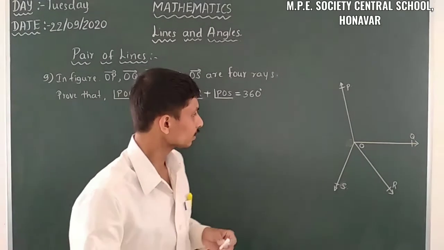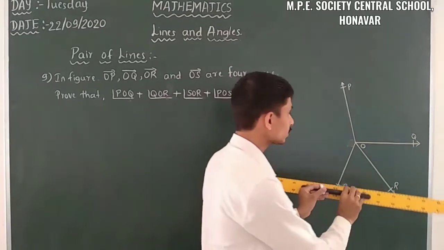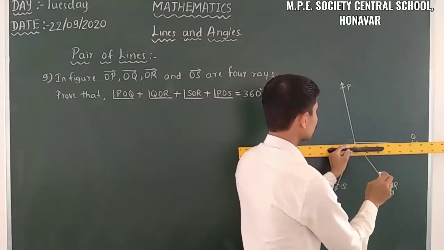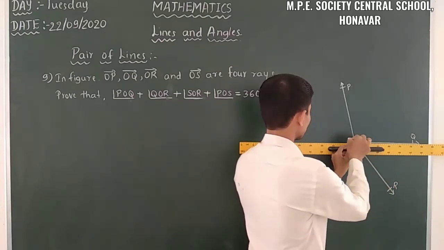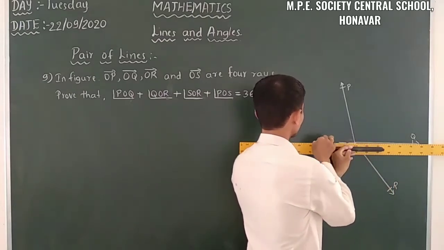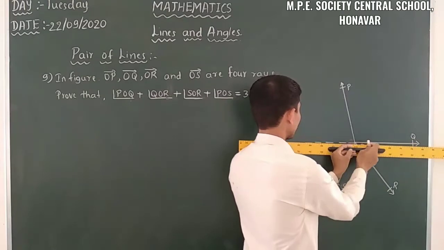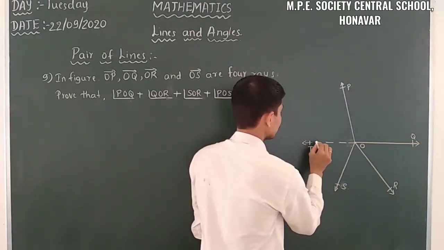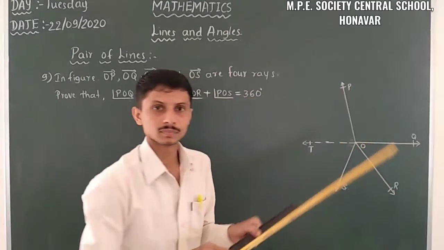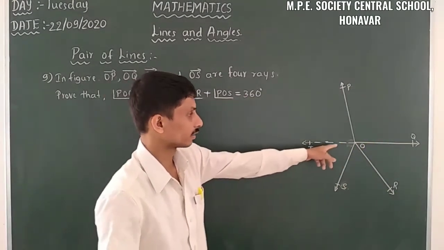Firstly observe here, I will extend OQ up to T. Here I will extend OQ up to T, so here I will take the line like this, it is T. Here we got a line.